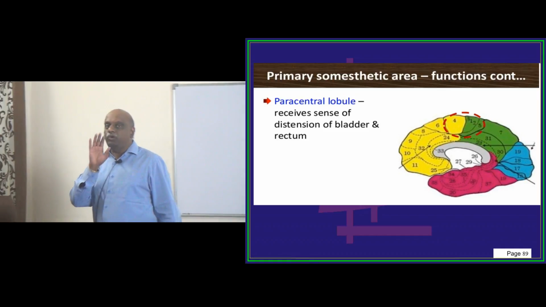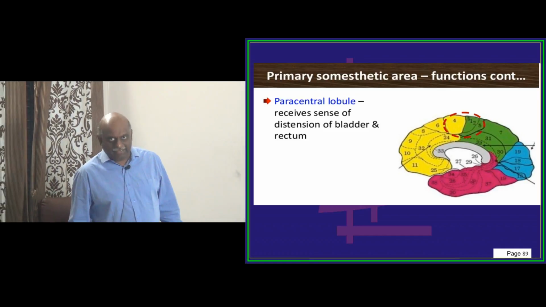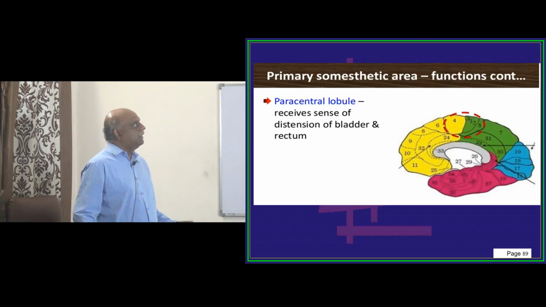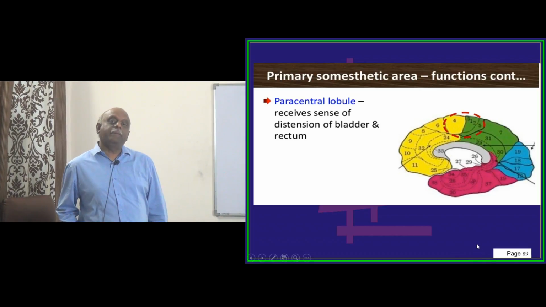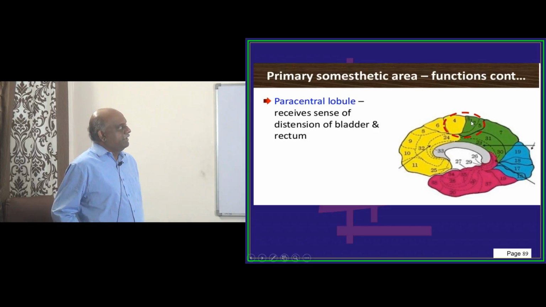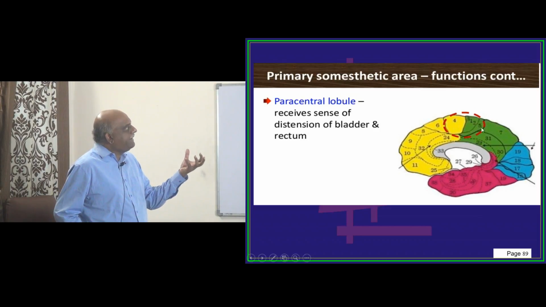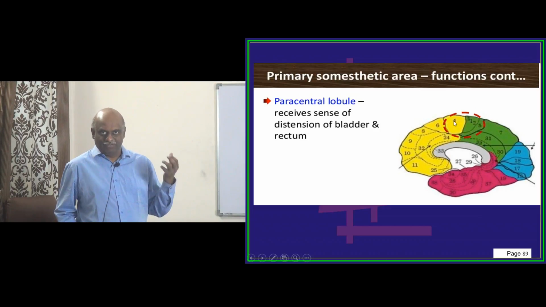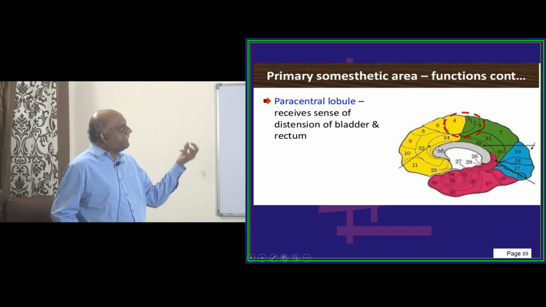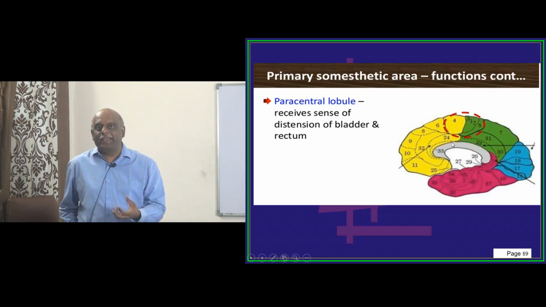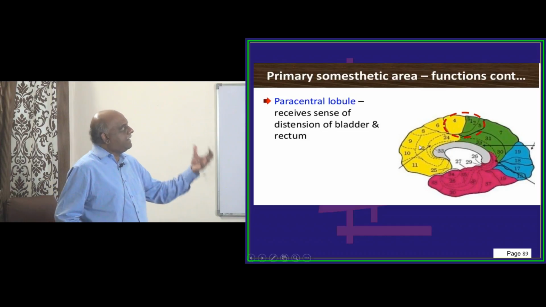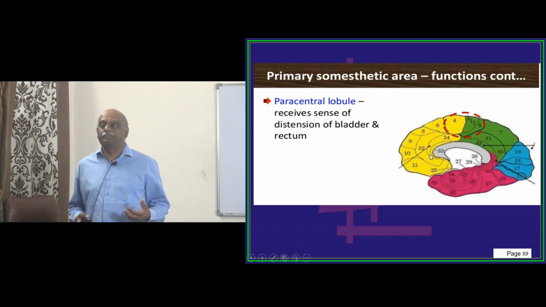Now, if you look at the primary somesthetic area, there is something called paracentral lobule. The primary somesthetic area is post-central gyrus. इसमें you have a paracentral lobule. Why is it important?